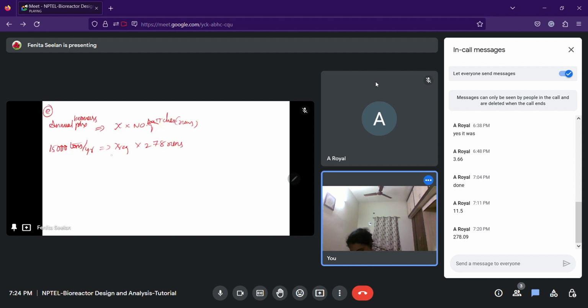So with this we can calculate the amount of biomass which needs to be produced to make an annual production of 15,000 tons per year. So that would be 15,000 divided by 278. It should come around 53.95, approximately 54 tons.